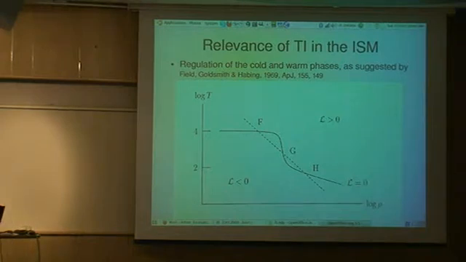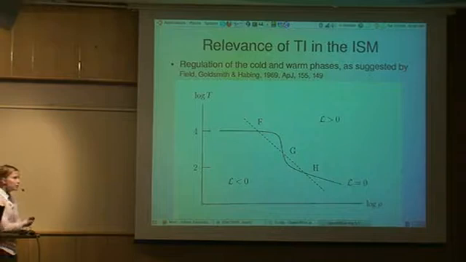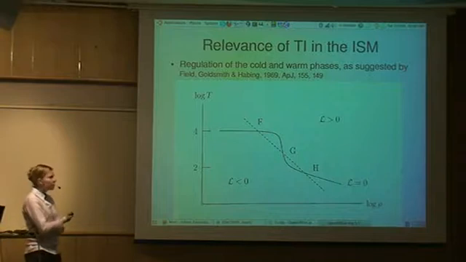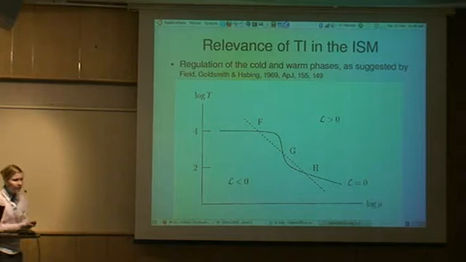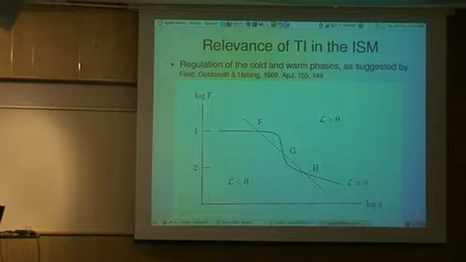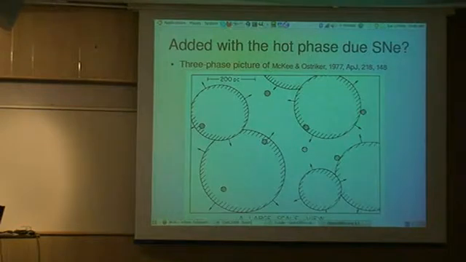But this picture was quite heavily altered soon, in the beginning of the 1970s, by observations showing that there is actually very hot gas everywhere in the ISM, everywhere in the galaxy. Somehow the hot gas had to be fitted into this picture, and that was done by McKee and Ostriker in 1977, another seminal paper.